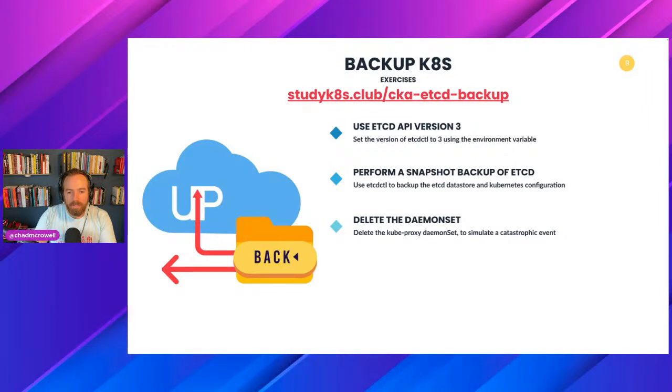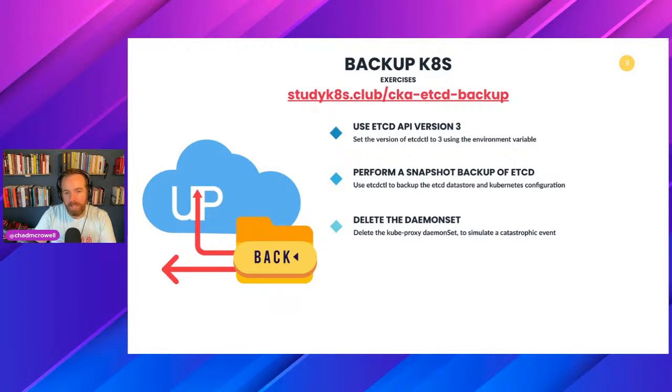So let's simulate a kind of a problem with our cluster, and let's go ahead and delete the daemon set. In particular, the kubeproxy daemon set. The reason why we're doing this is because we're going to perform a restore in a second, and in order to check that the restore was successful, we're going to check that this daemon set has been restored correctly.